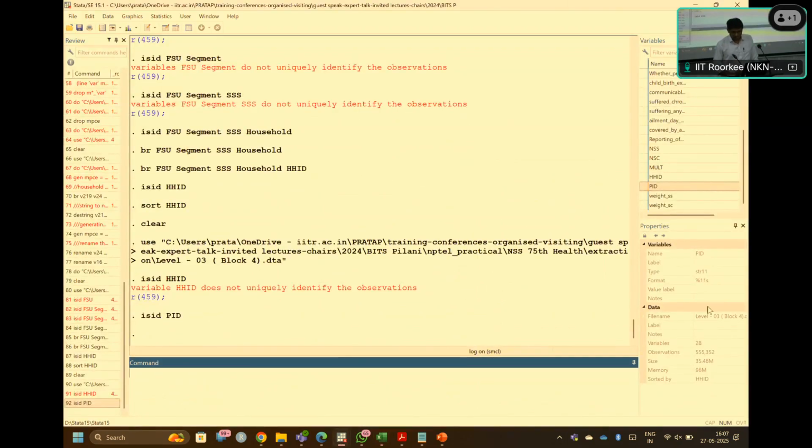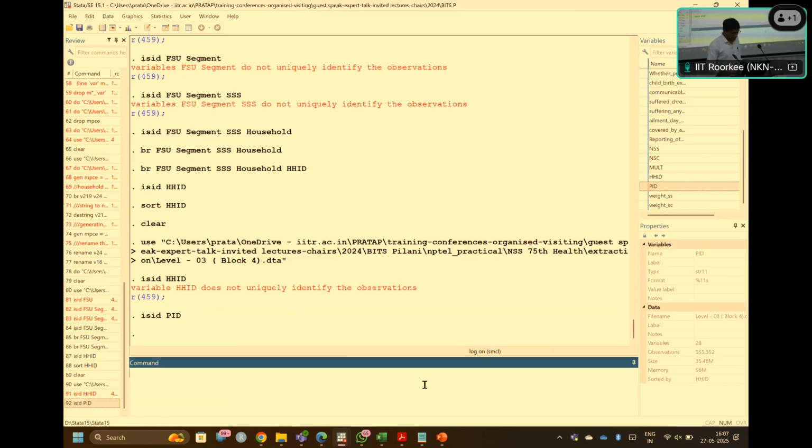Now at this moment, the individual file has 5,55,352 observations and there are 28 variables, after deleting some of the redundant variables which are not that useful for me, because I'm going to use this file for estimating some indexes or estimates like headcount ratio, etc. Therefore, we didn't require them.